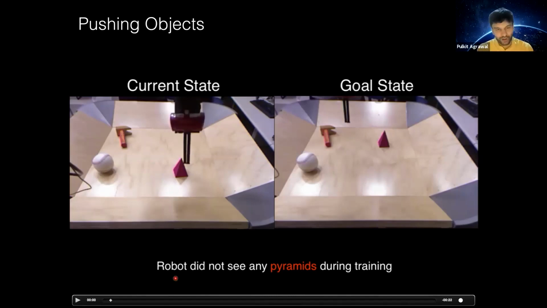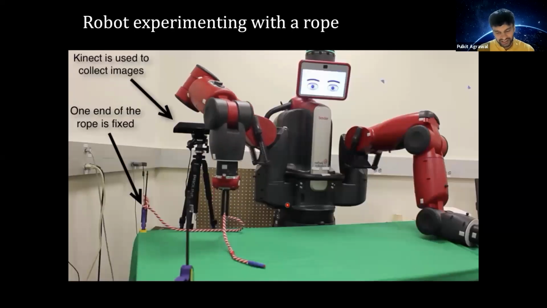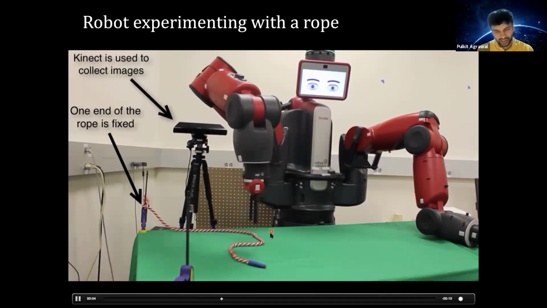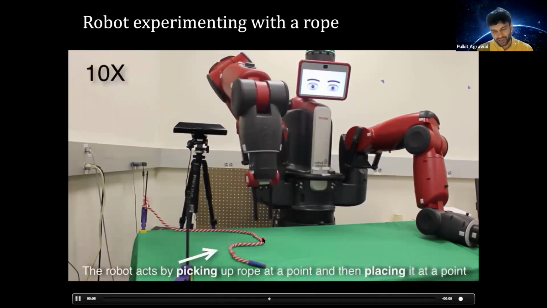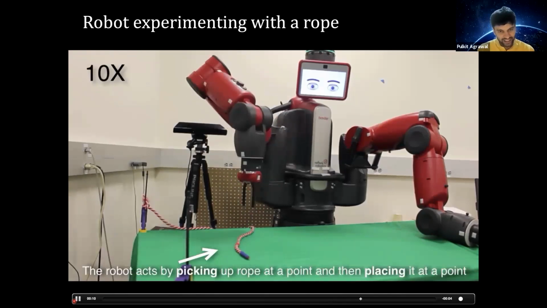And then you can say, well, what happens if I go and try to solve a more complex task? For example, if I give you the rope in this configuration, I want to go and tie a knot. So again, we can follow the same scheme that we had before, that the robot will now interact with this world and collect its own data. So over here, the action is a pick.